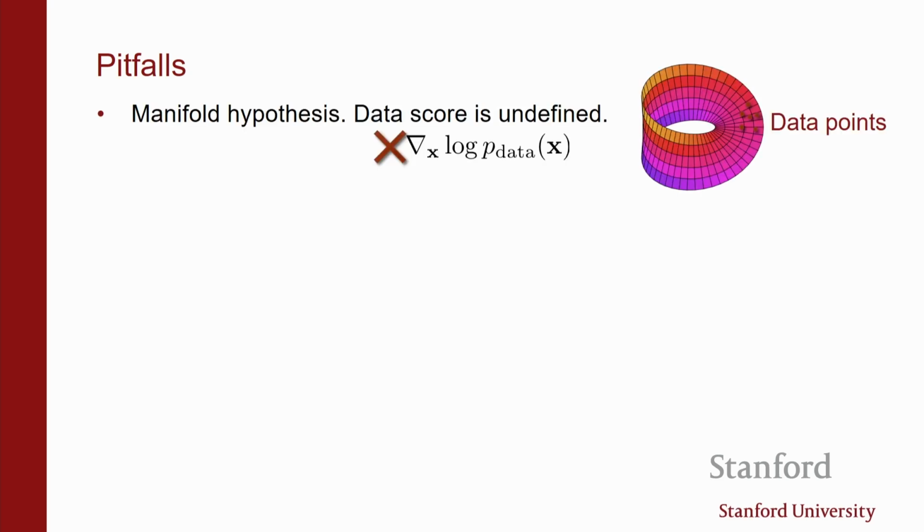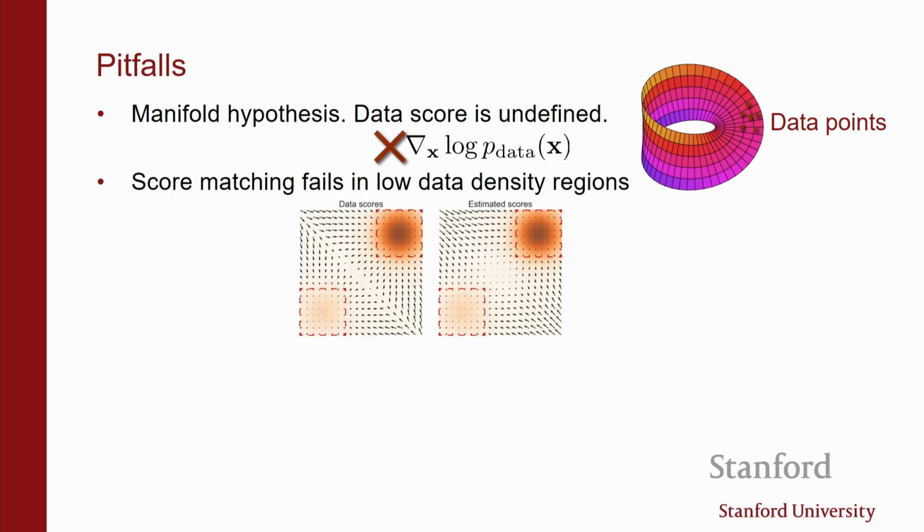And what we've seen is that this variant of the approach didn't actually work in practice. It makes sense, but it doesn't work for several reasons. One is that, at least for images, we expect the data to lie on a low-dimensional manifold, meaning that the score is not really a well-defined object. We have this intuition that we're not expecting to be able to learn accurate scores when we're far away from the high data density regions.